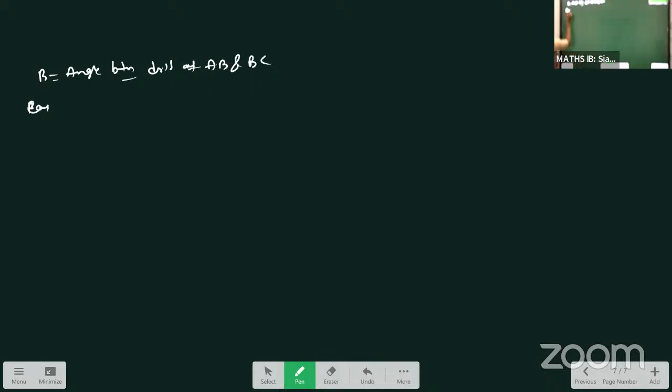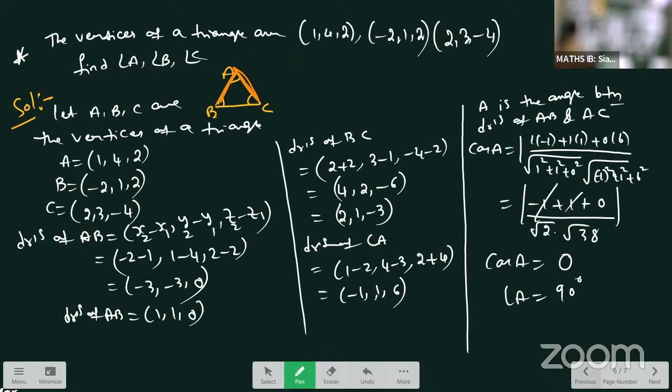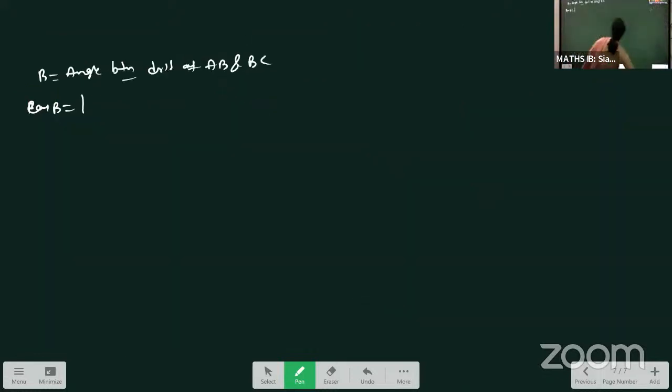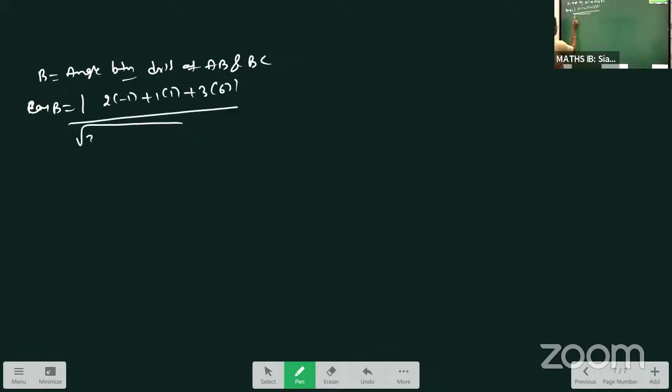So come on. Cos B is equal to modulus of A1 A2 plus B1 B2 plus C1 C2. BC is A1, B1, C1. CA is A2, B2, C2. 2 into minus 1 plus 1 into 1 plus 3 into 6 by under root of 2 square plus 1 square plus 3 square into under root of minus 1 square plus 1 square plus 6 square.